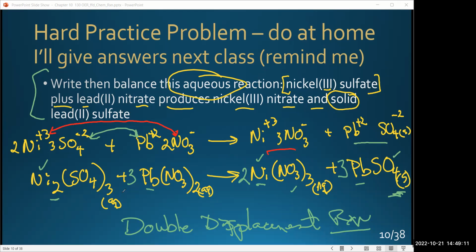This type of reaction is governed by the solubility rules of the products. If one or both products are insoluble, then you've got a positive reaction. If both products are soluble, then you've got a negative reaction.